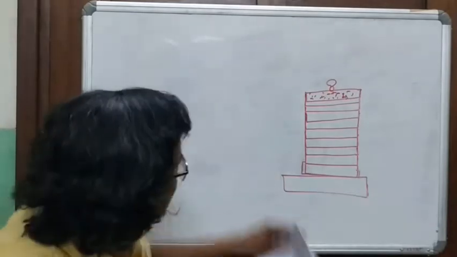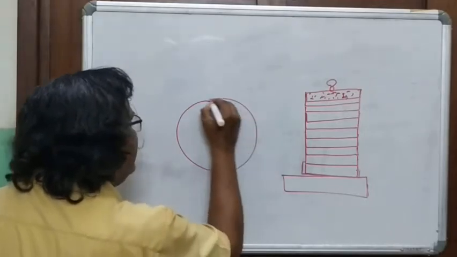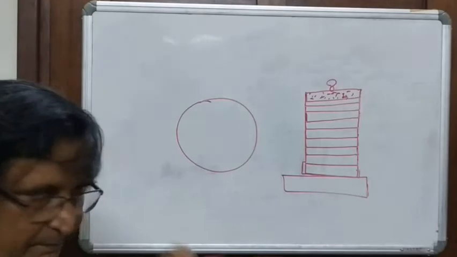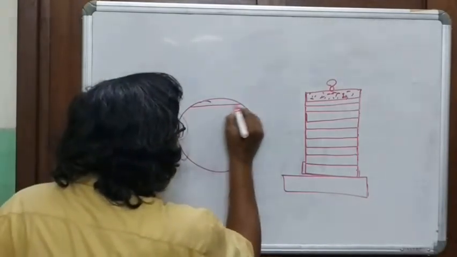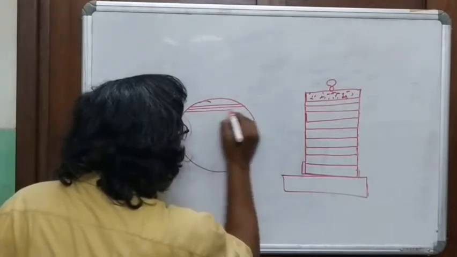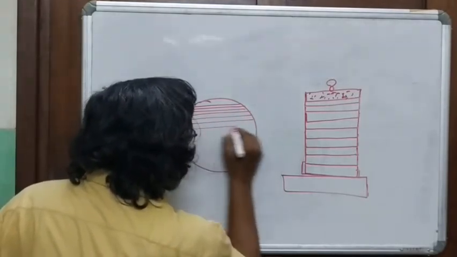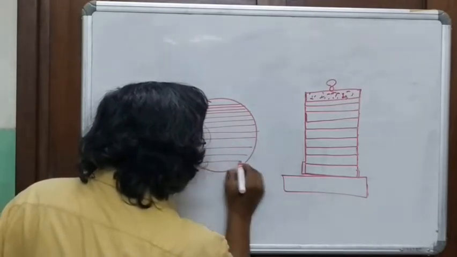Now if I look from this side, the sieves have a circular shape. These are made of brass, and they have very, very fine strings tucked in.